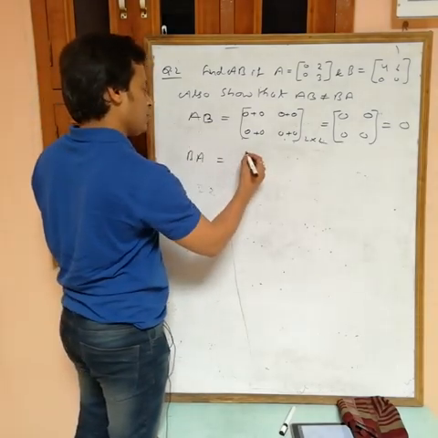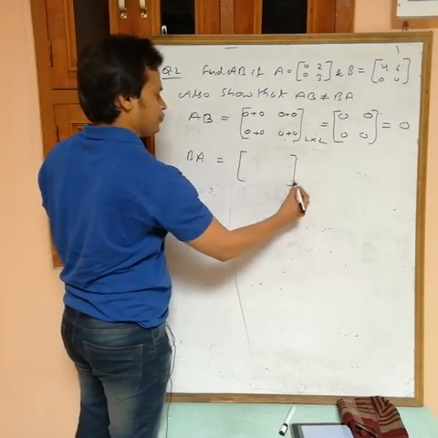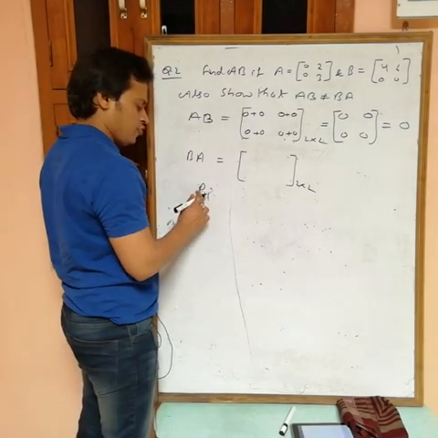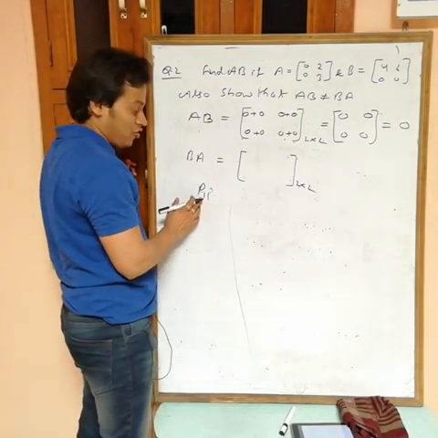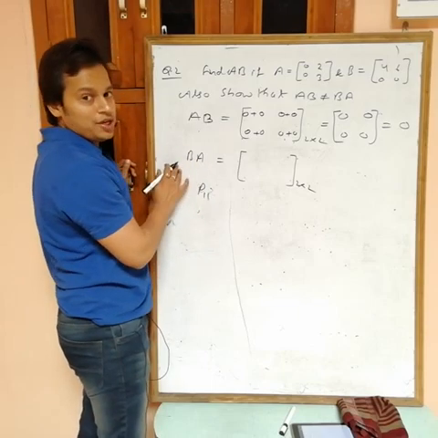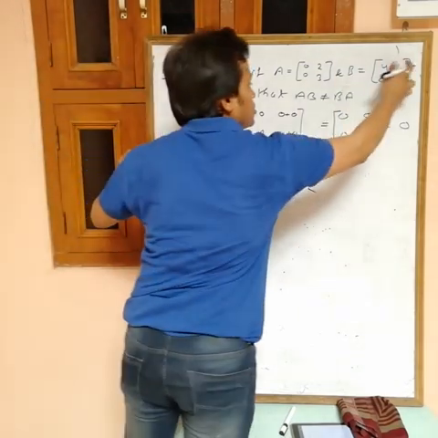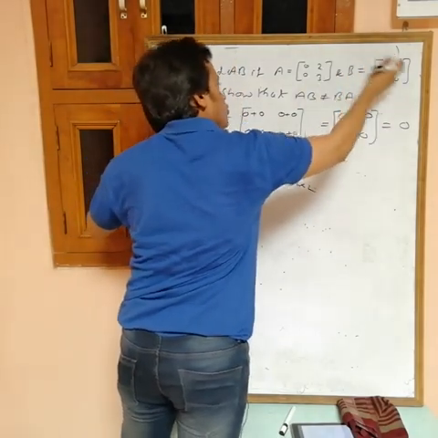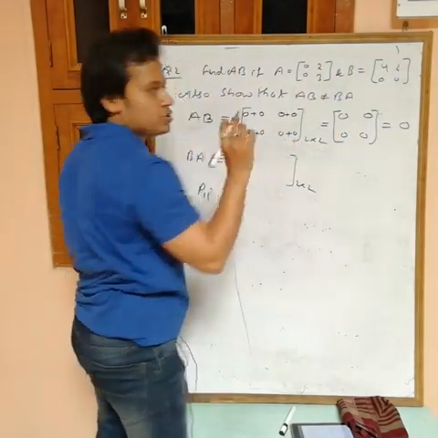Now to get BA, again you will get order 2x2. Now P11, first row with first column, but now the row is from B and the column is from A, since B is the first matrix. First row, first column: 0.